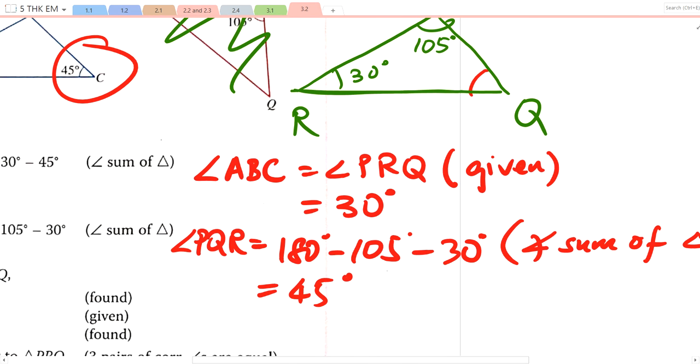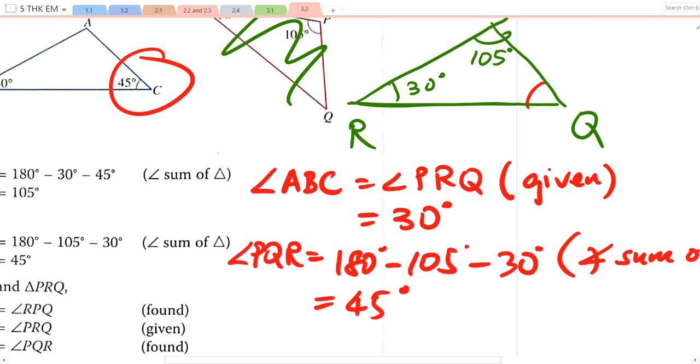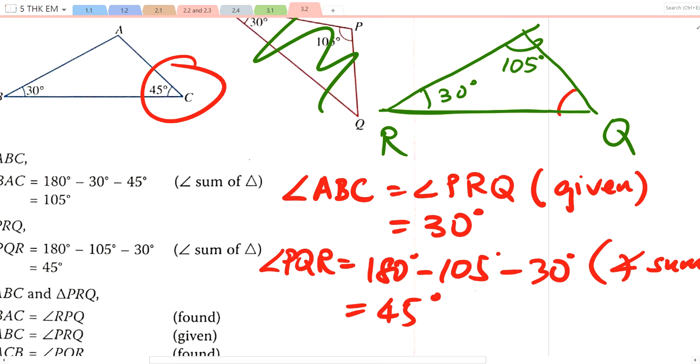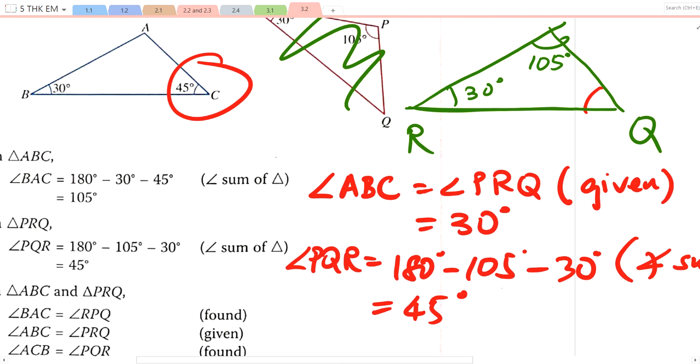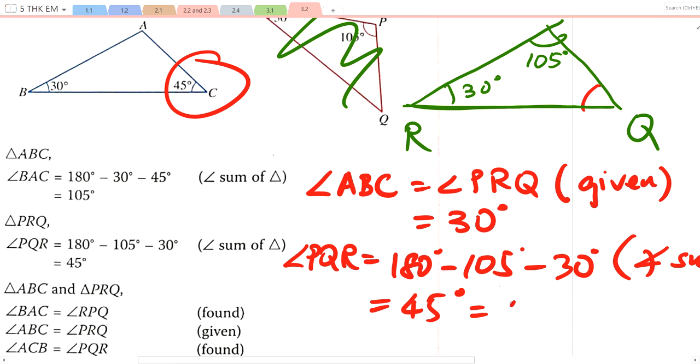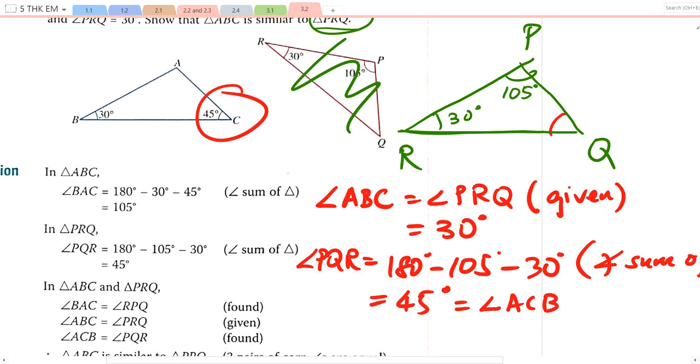What do I do with this now? Why do you want to find this angle? Also equal to 45. So we've shown angle ACB. So now we have shown that two angles are the same. What do you want to do next? Find BAC. Okay, this one. Shall we compare that one?